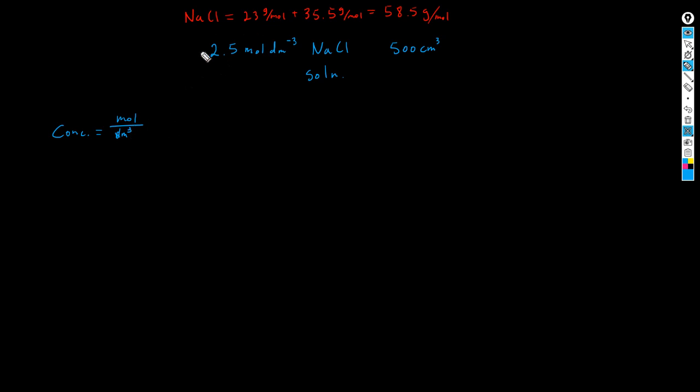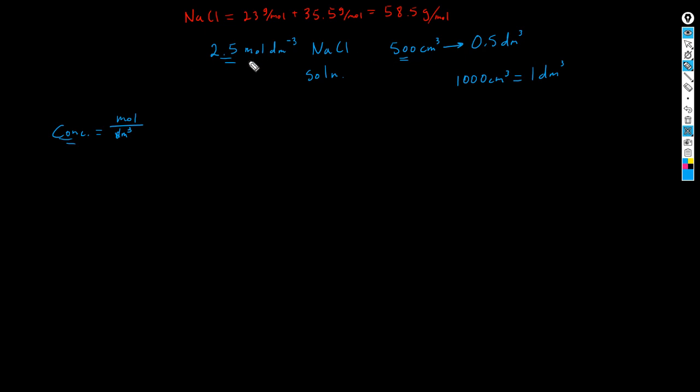Which means if I have the concentration and I have my volume, which is 500 cubic centimeters, but remember, this is the same as saying 0.5 cubic decimeters, because 1,000 cubic centimeters, which is the same as a milliliter, is equal to 1 cubic decimeter, which is a liter.